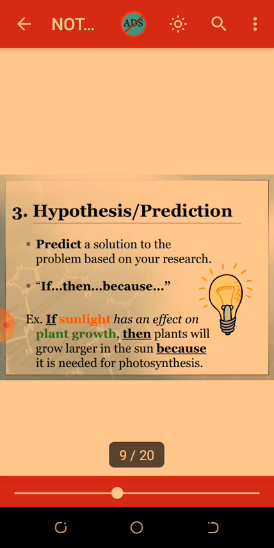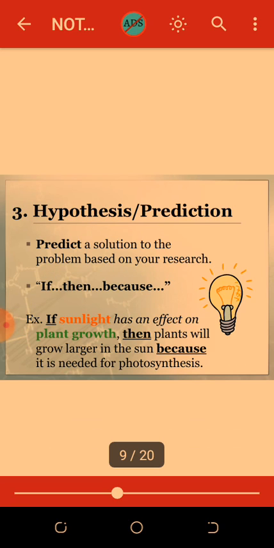A scientist puts forward a suggestion about the biological problem. As an example, malaria is caused by plasmodium, or plasmodium is the cause of malaria. That is an example of a hypothesis.